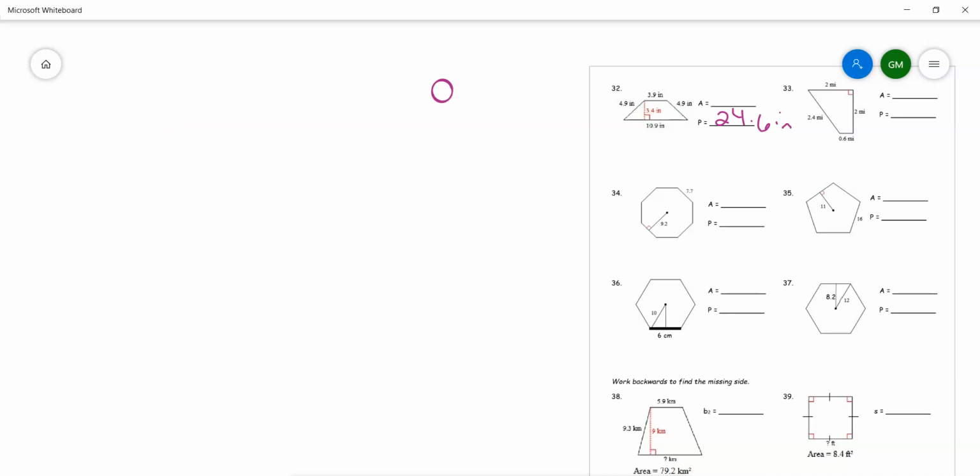And then next we're going to find the area. Remember, the area for a trapezoid is going to be base 1 plus base 2 over 2, multiplied by the height.